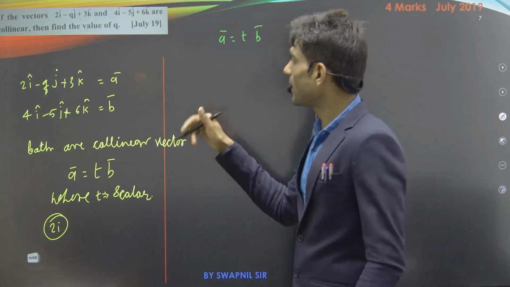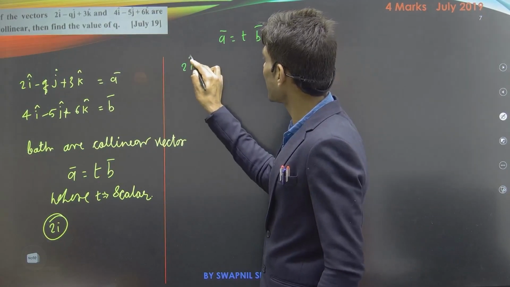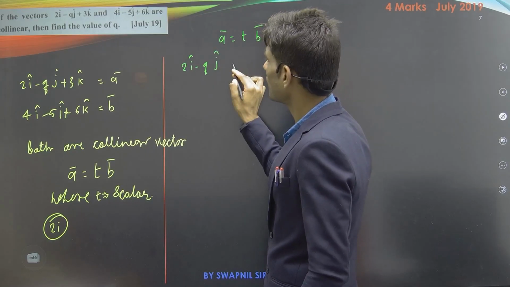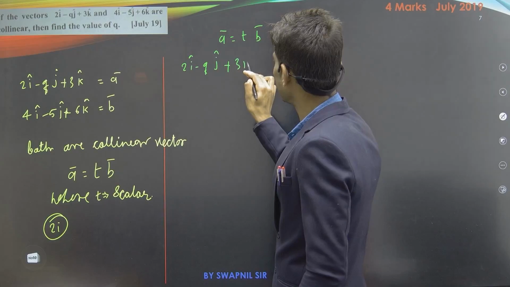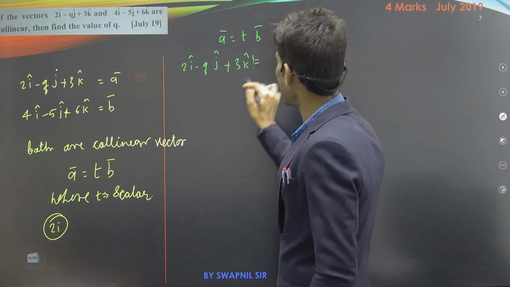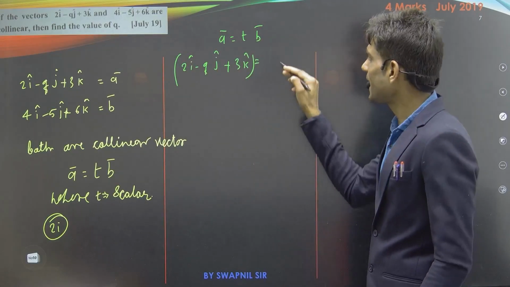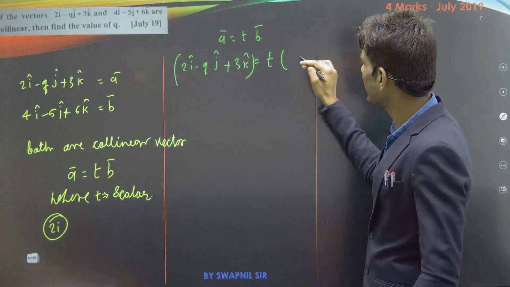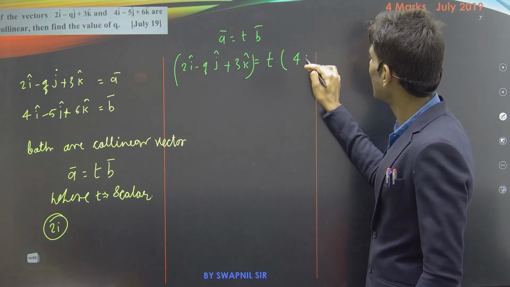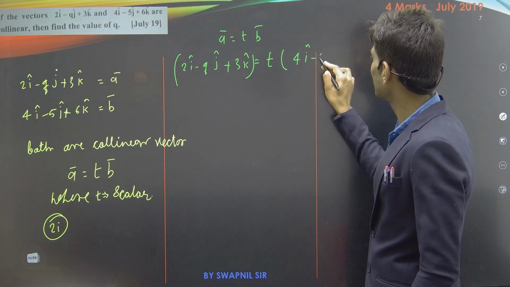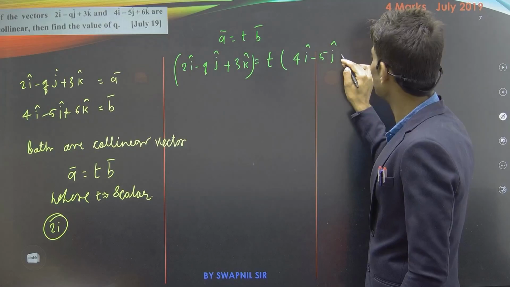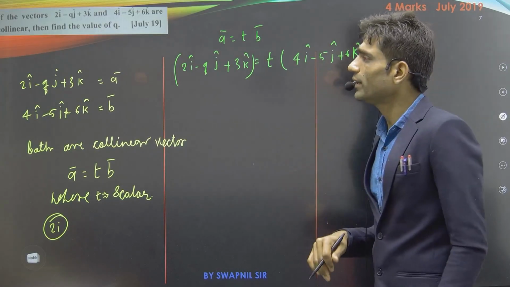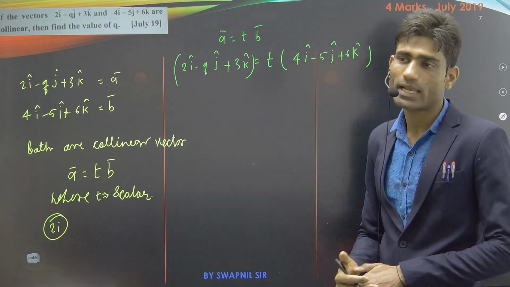Now put a bar, which is 2 times i cap minus q times j cap plus 3 times k cap, equal to t times the other position vector, 4 times i cap minus 5 times j cap plus 6 times k cap.